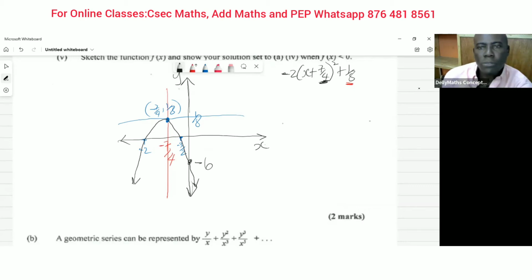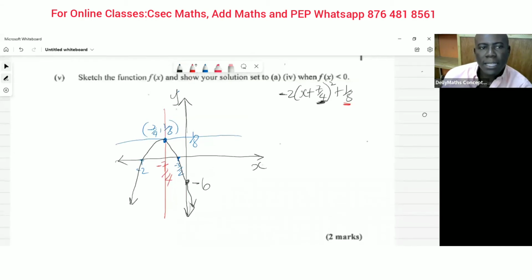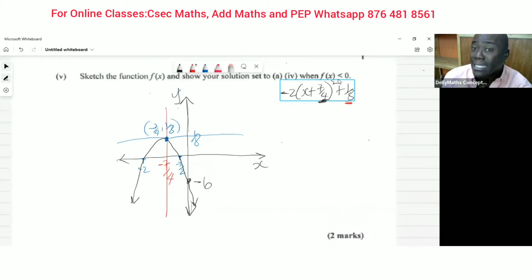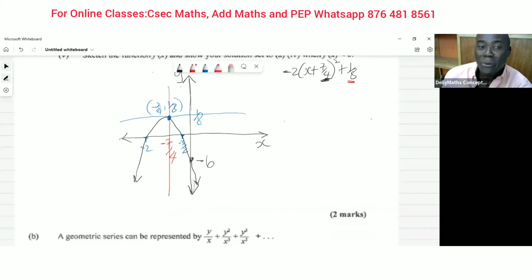So that's the sketch. And then it says sketch that and show your solution set where f of x is less than 0. Where it is less than 0, I'm gonna shade it. So let me shade where it is less than 0.